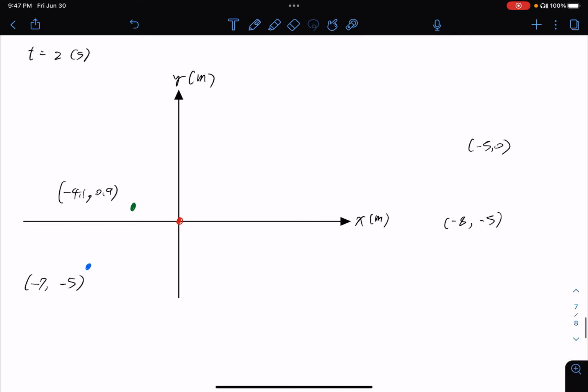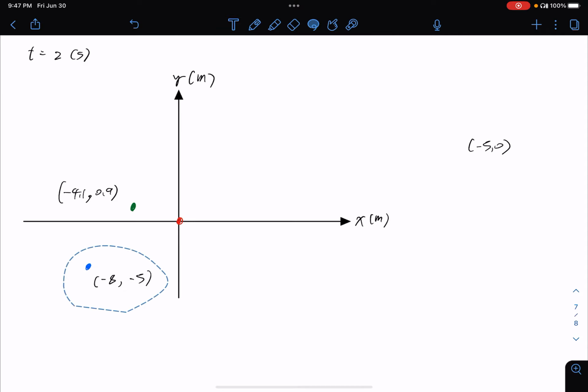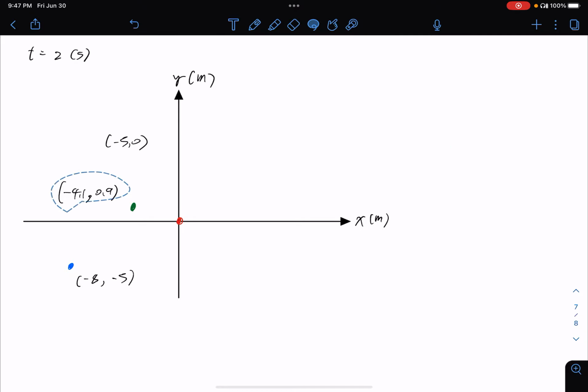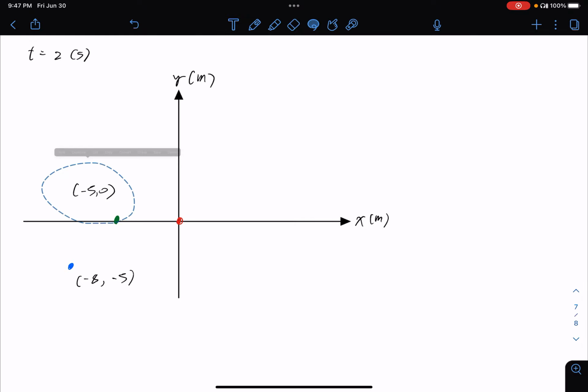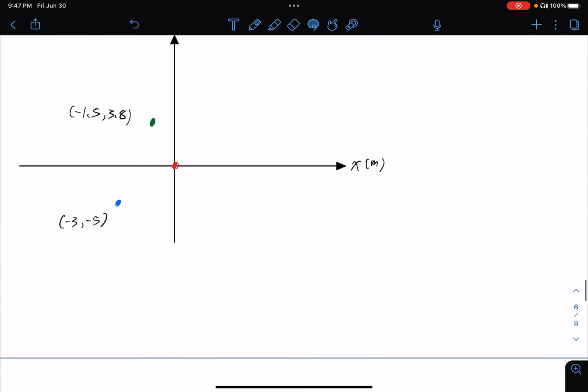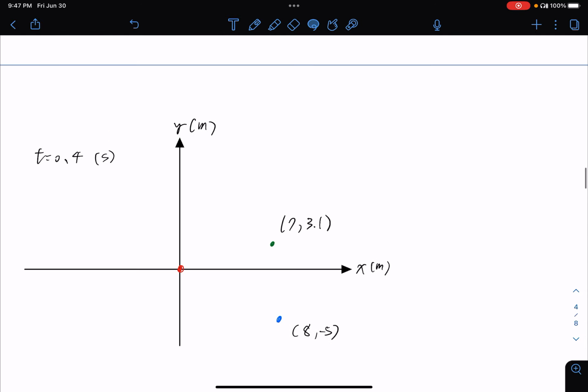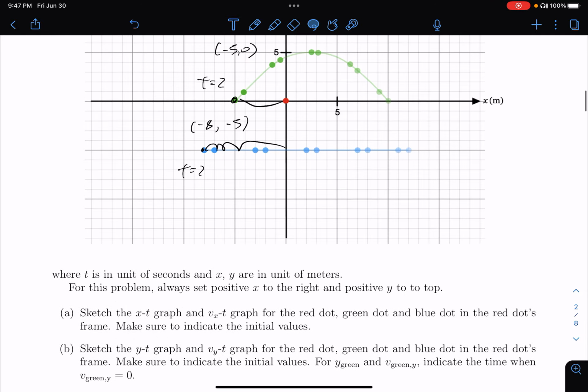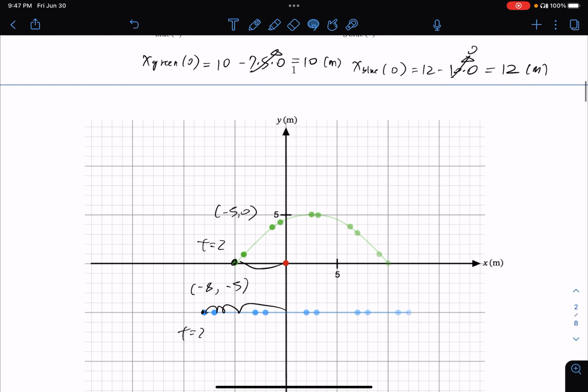And the blue one is at -8, so I should move it a little bit to the side, and the green one should go on top of the x-axis. Alright, so this is the 10 time instants.